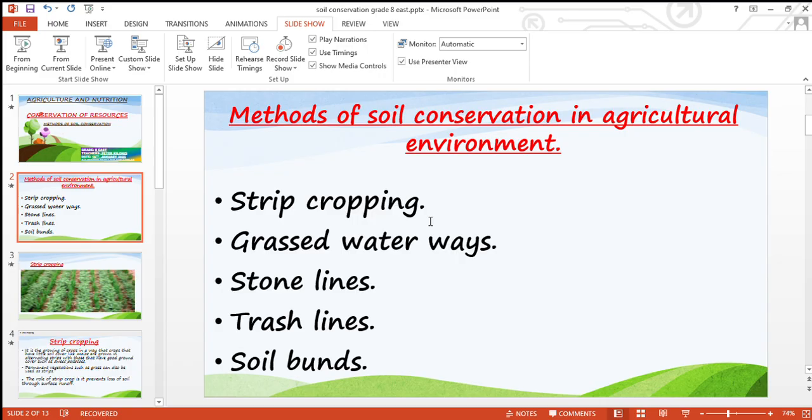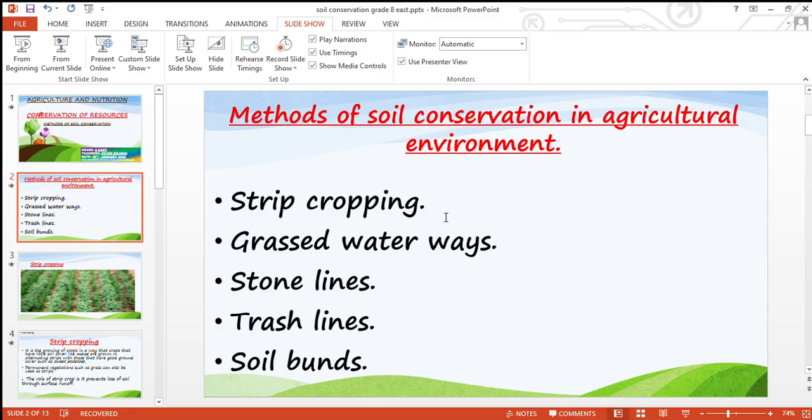Planting of crops along contour. Very good, Titus. Any other person with an addition, or you have your own definition? Good. Now, the planting of crops along contours.